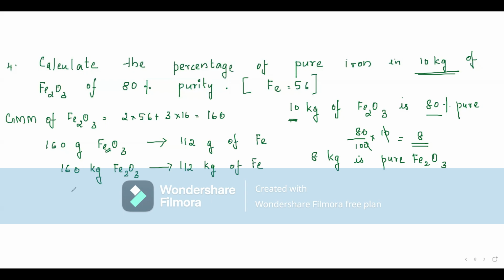All right. Therefore, 8 kilogram of Fe2O3 should give me X kilogram of Fe. Again, by unitary method, solve for X. 8 into 112 divided by 160.